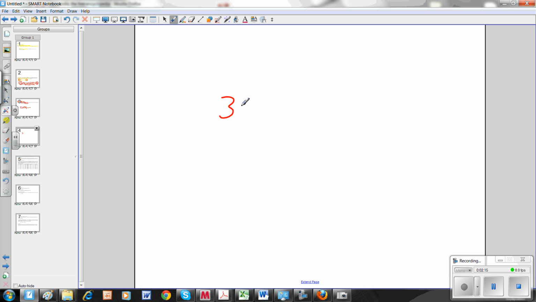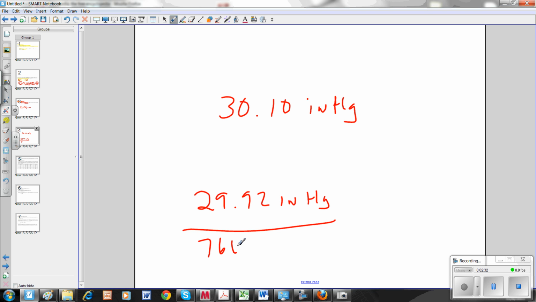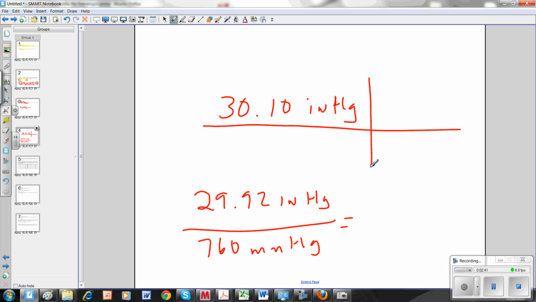Remember the day we did the lab, barometric pressure, you had to write it down, I think it was 30.10 inches of mercury. Well, I'll tell you the conversion is 29.92 inches of mercury is equal to 760 mmHg of mercury. So the first thing you're going to have to do is convert it to millimeters of mercury. So what you would do is you would draw a grid, plug in your value, and I'm not sure that's the exact value.